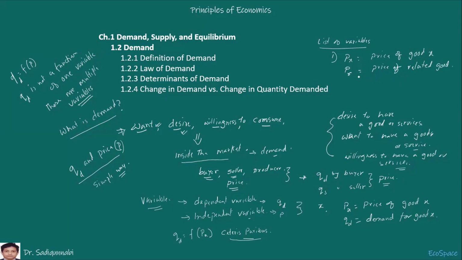Price of related good, I can give you some examples: tea and sugar, and tea and coffee. Third one is maybe income of consumer.